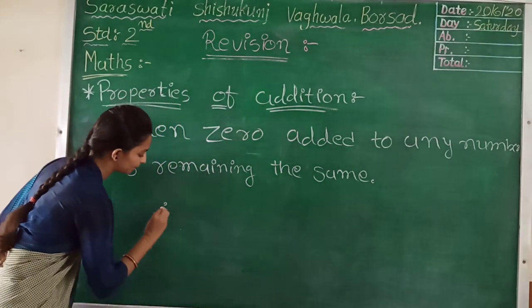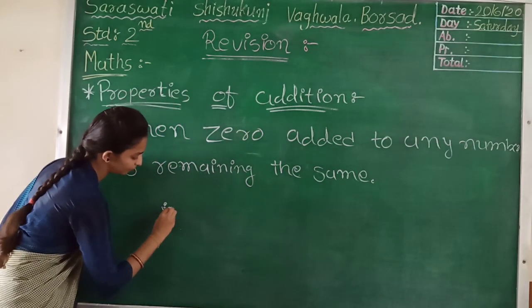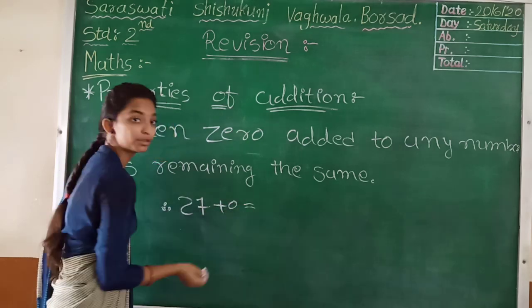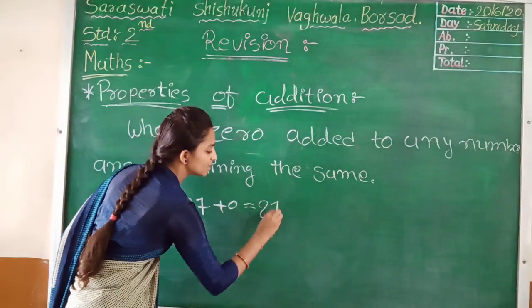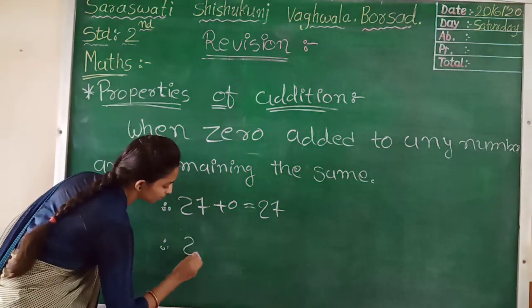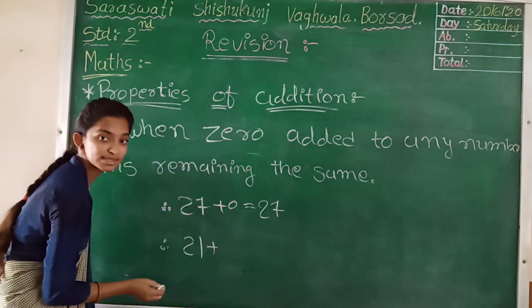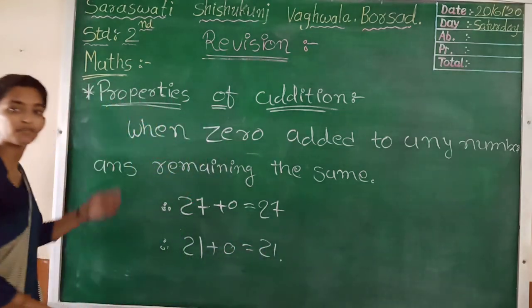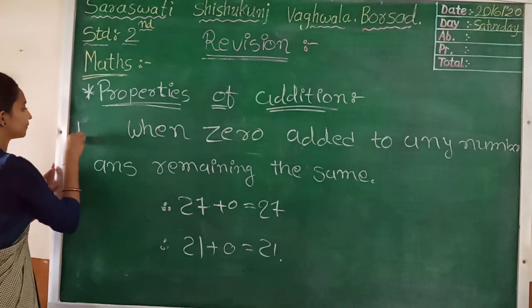That means 27 plus 0 equal to 27. 21 plus 0 equal to 21, which is our second property.